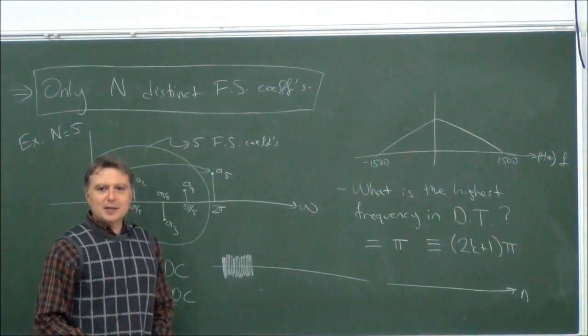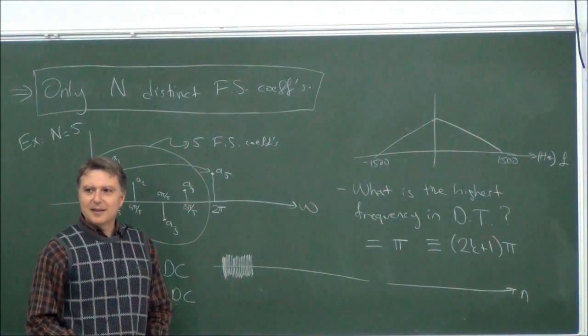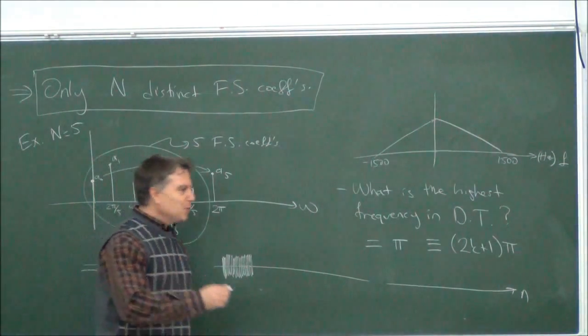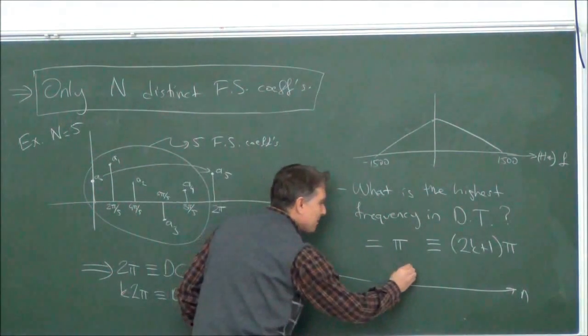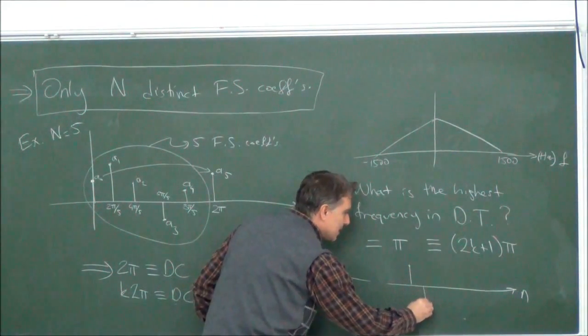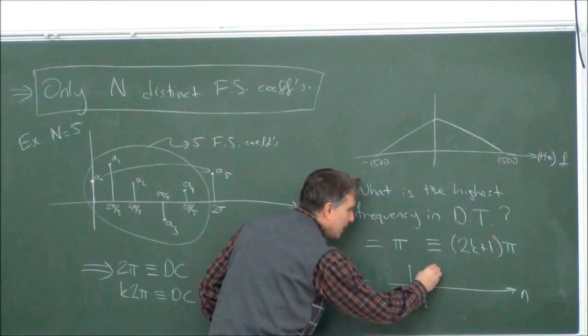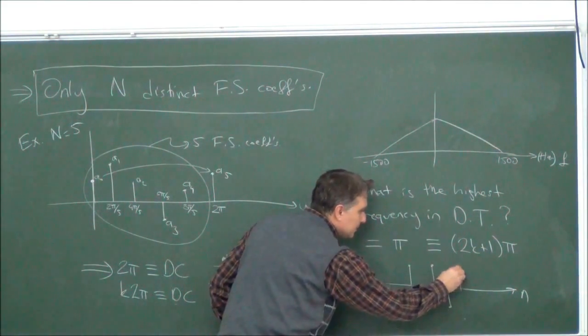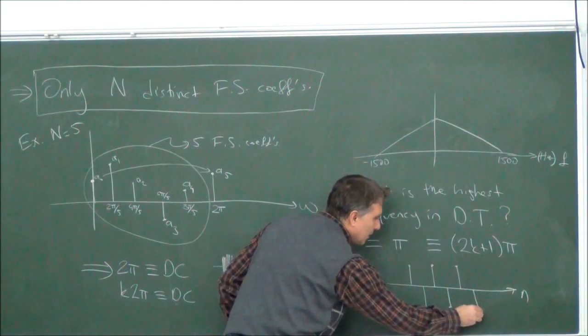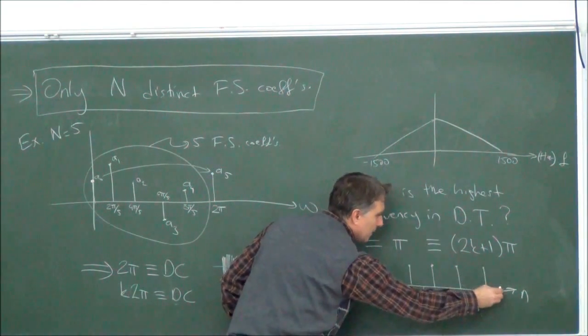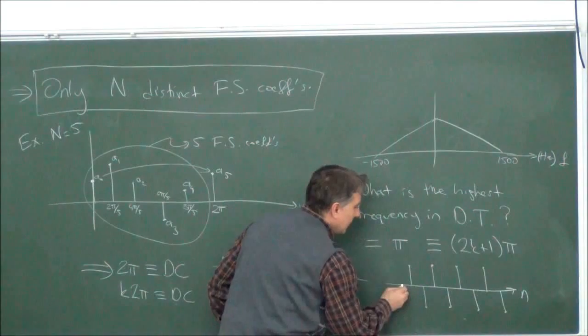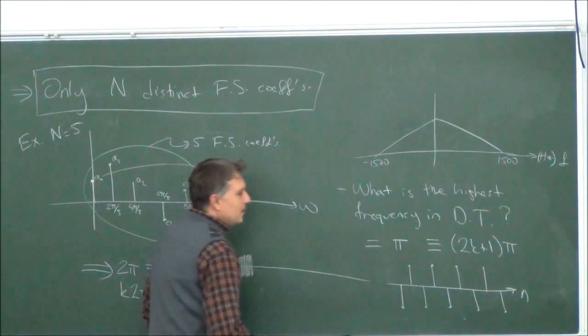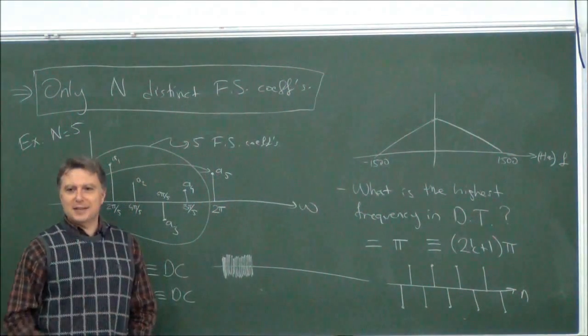Can you draw me the highest frequency signal? Let me do it. I can do that. The highest frequency signal that you can have is this. And there is no other signal which has higher frequency than this one.